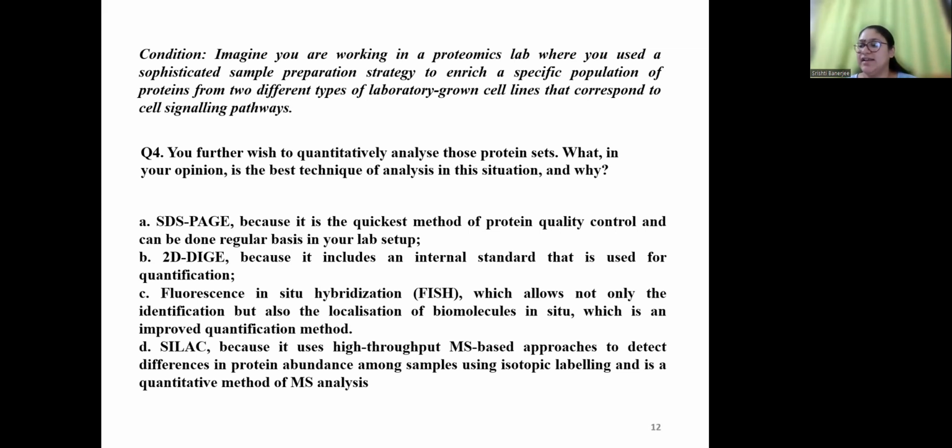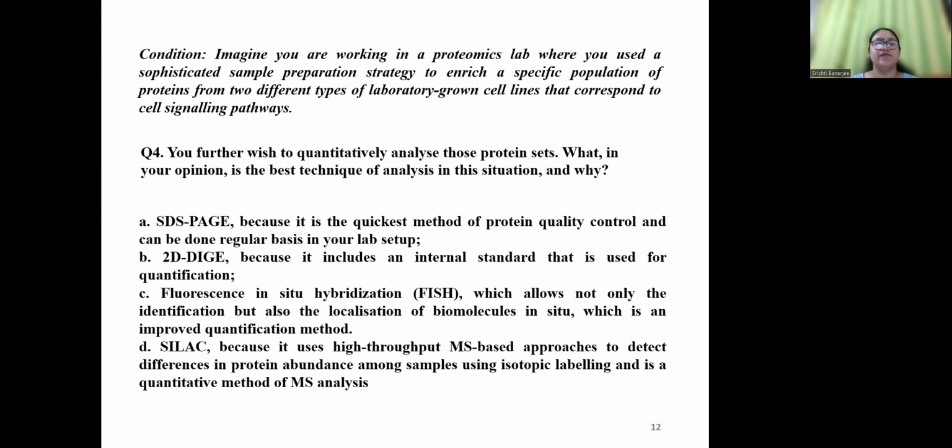Relative means you have a reference, like a control and a disease, and on that basis there will be some differential changes between them that can be detected. In the case of absolute, the exact concentration depends on the abundance of your proteins. You will have internal standards, and on that basis you get to know the abundance. That's what quantitative proteomics is about.